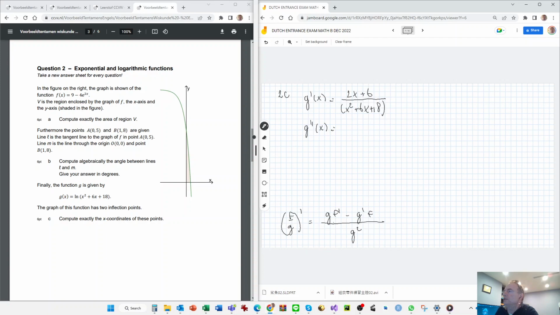So this is x squared plus 6x plus 18 times 2, minus the derivative of the denominator, 2x plus 6, times the numerator, 2x plus 6, and divide this whole thing by the same here, and this has to be equal to 0.